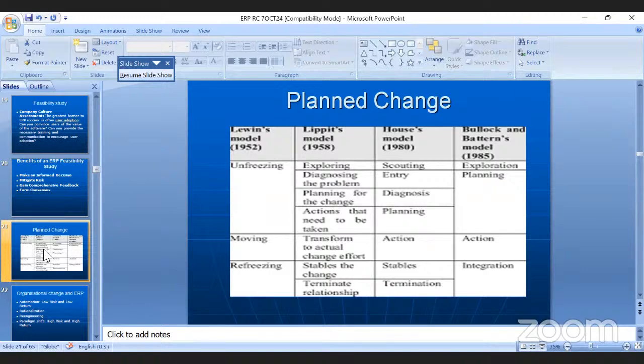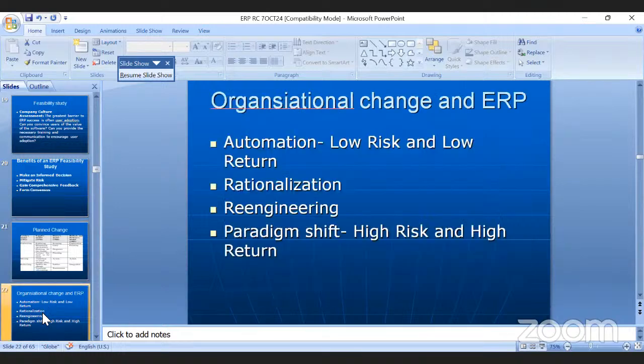Different researchers over the period have researched organizational change for technology upgradation. The first stage in an upgradation is called automation.